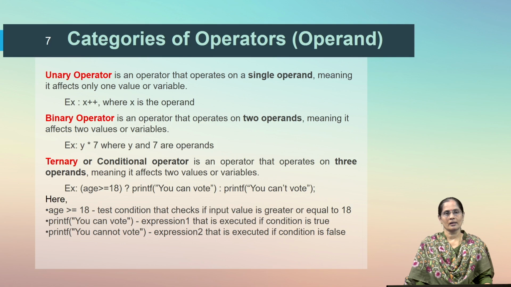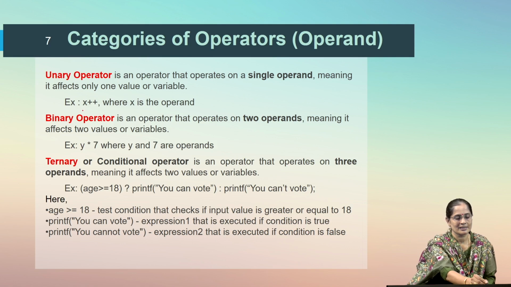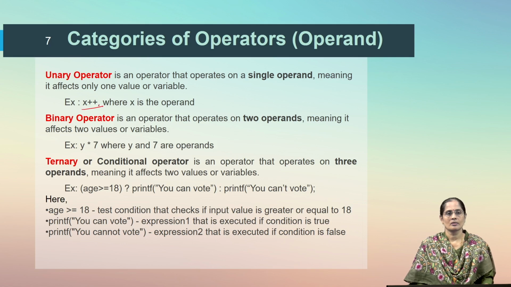The operators in C language are categorized into 3 major categories called unary, binary and ternary operators. Unary operators operate on a single operand. Say for instance, x plus plus, that is, plus plus is a unary operator which operates on the single operand x. A binary operator operates on 2 operands, that is, 2 values can be given as input for a binary operator to perform its operation.